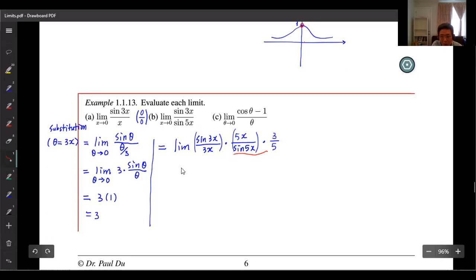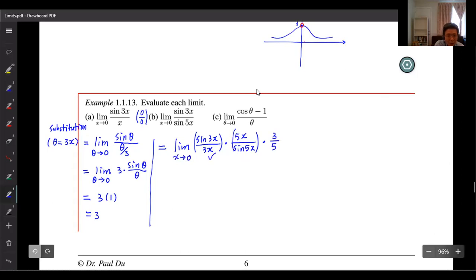The key here is that we want to come up with this kind of special limit, as x approaches 0. If you like, you can introduce a new variable for each: 3x equals u here, 5x equals v, or theta here. It doesn't matter, but probably you don't have to.